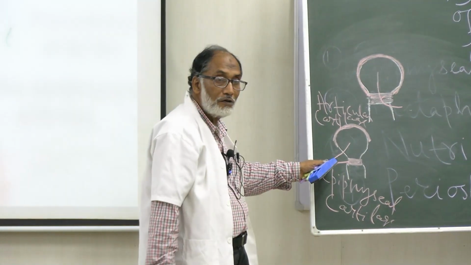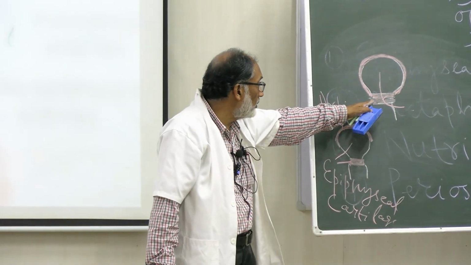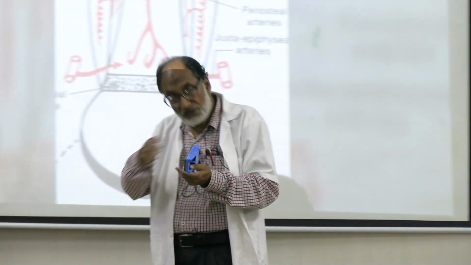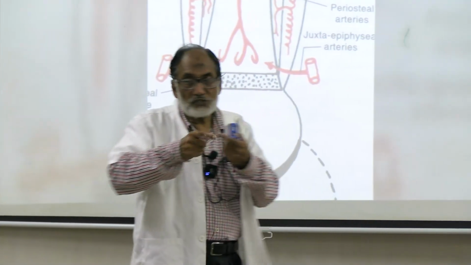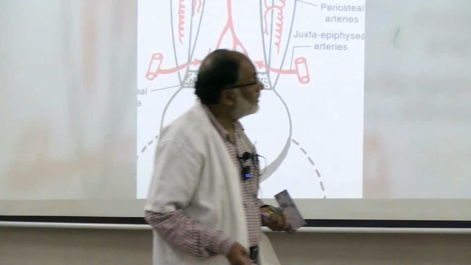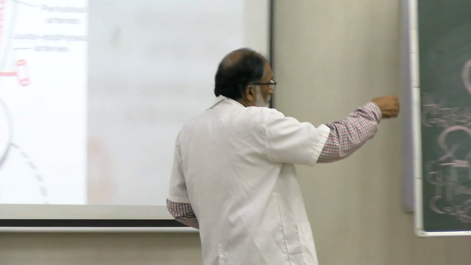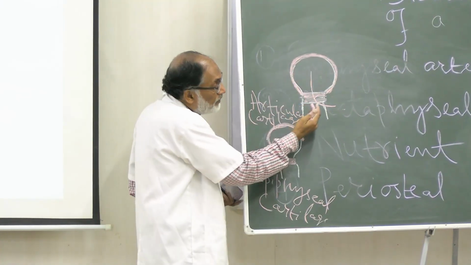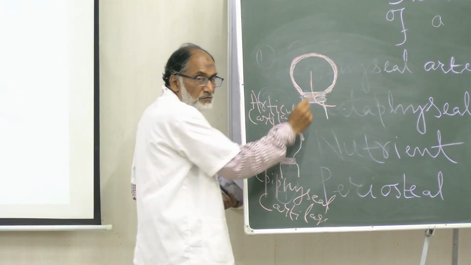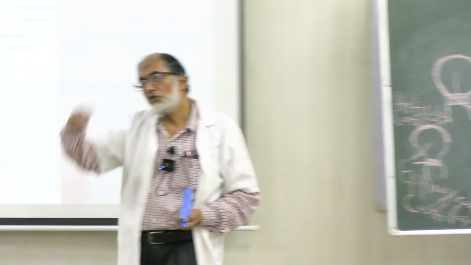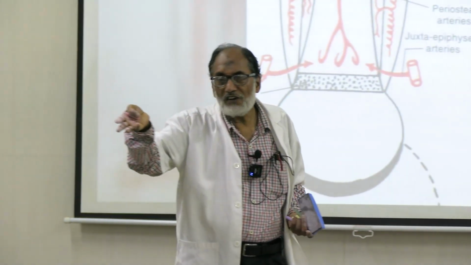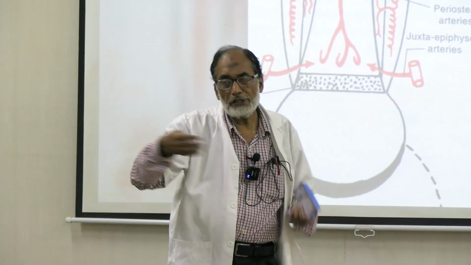This one is dangerous because if the epiphyseal cartilage is disrupted due to any reason, the blood supply will be stopped. It will get no blood supply because the artery is passing through it. If there is any displacement, it will not get any blood supply, so there will be necrosis, avascular necrosis, and there will be no reunion.